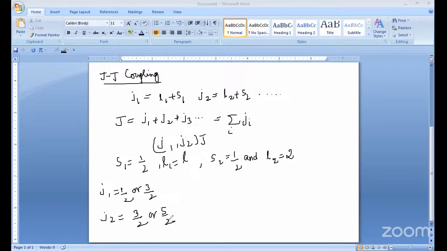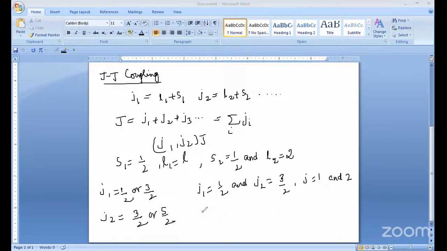Combining these four values, we are going to get all the possible values. J1 equals 1/2 and J2 equals 3/2, J equals 1 and 2 you'll get, by combining these.